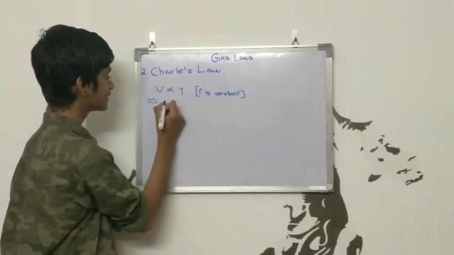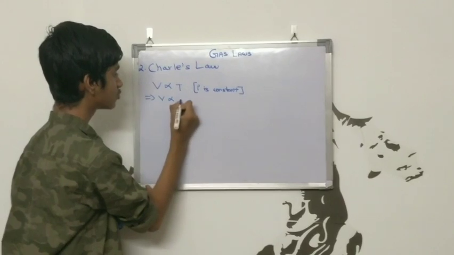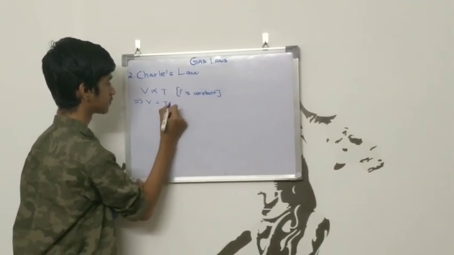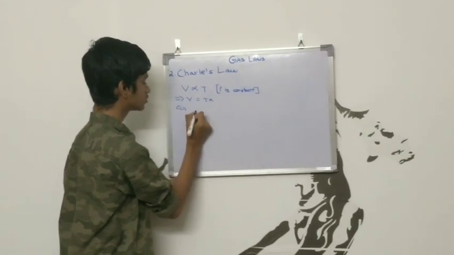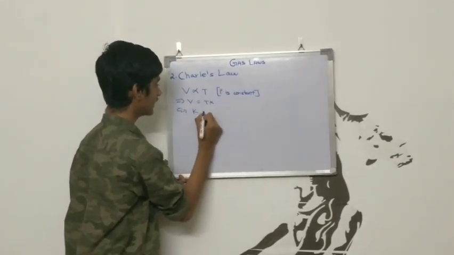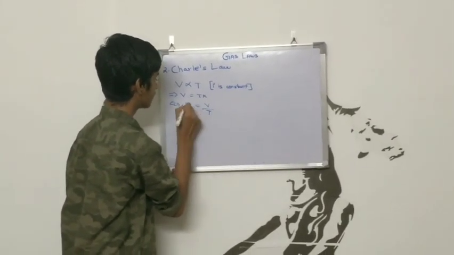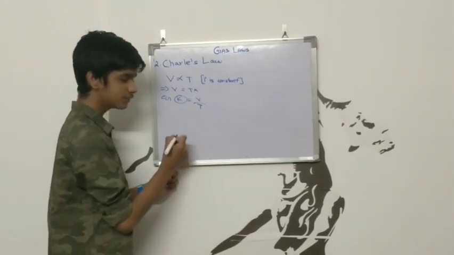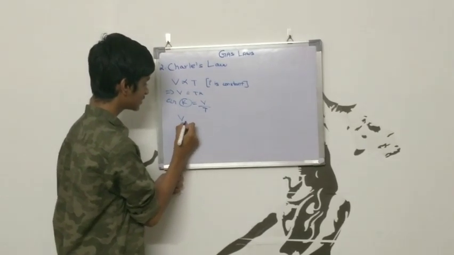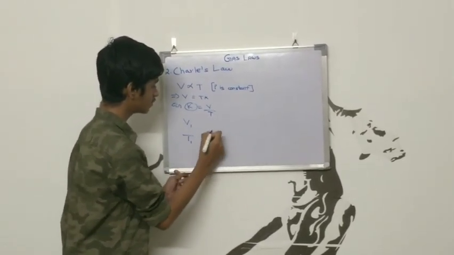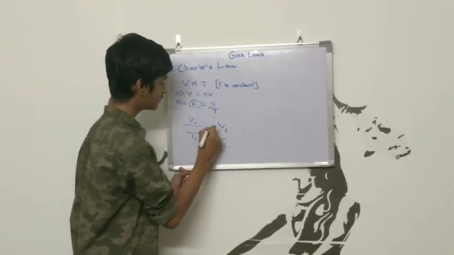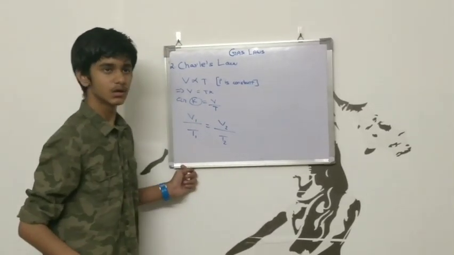So this implies that V is equal to K into T. We can also write this as K is equal to V by T, where K is the proportionality constant. If we have a gas with volume V1 and temperature T1 and another gas with volume V2 and temperature T2, we can write that V1 by T1 is equal to V2 by T2.